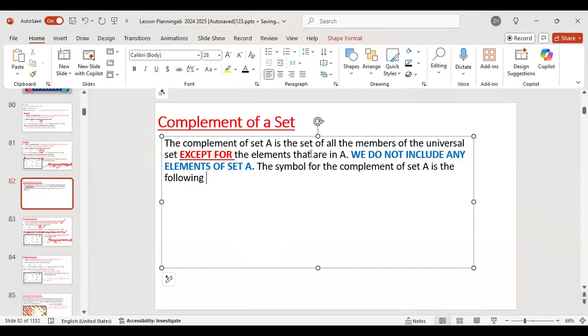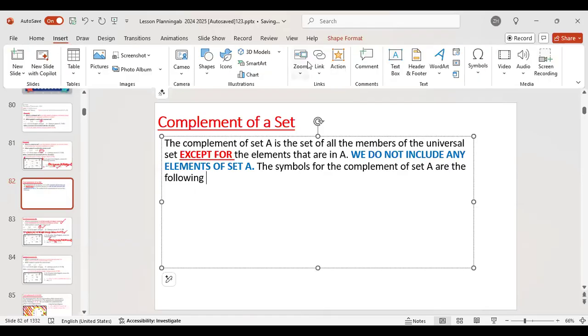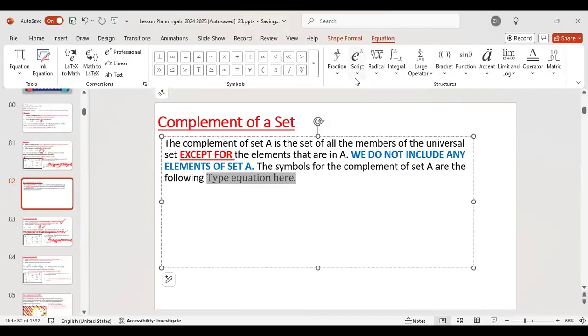We have this one, capital A with a dash on top of it. So that's A prime.